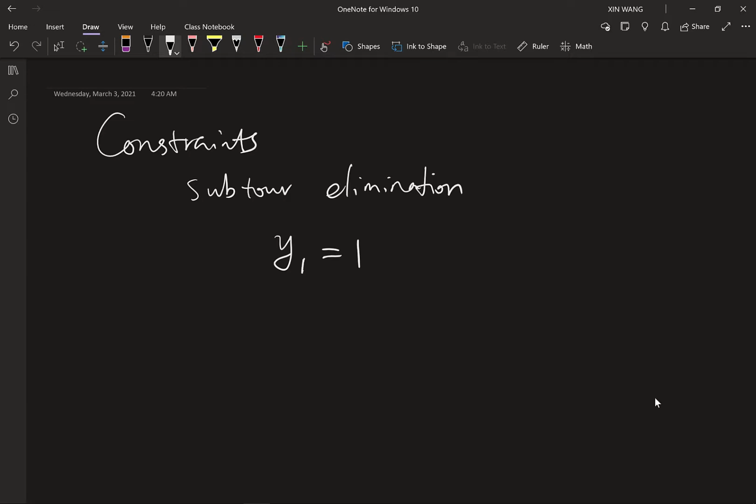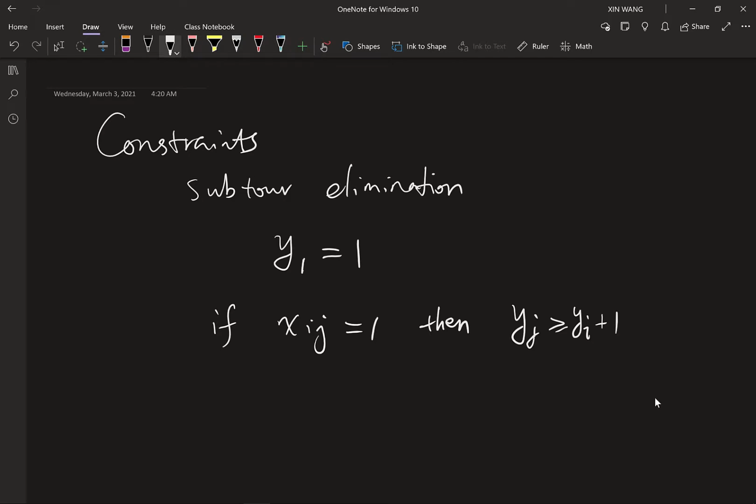And then we want to guarantee that if x_ij equals 1, then y_j should be greater than or equal to y_i plus 1. Because all possible y values are from 1 to n, if we satisfy this constraint, it indicates the sequence to visit city j must be later than city i.